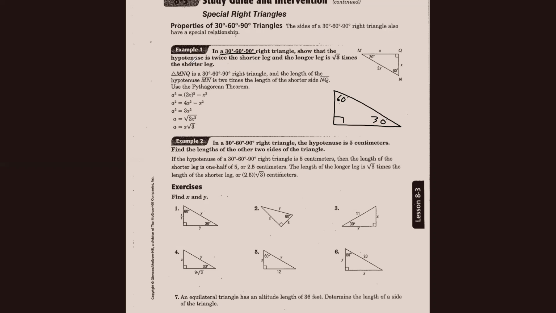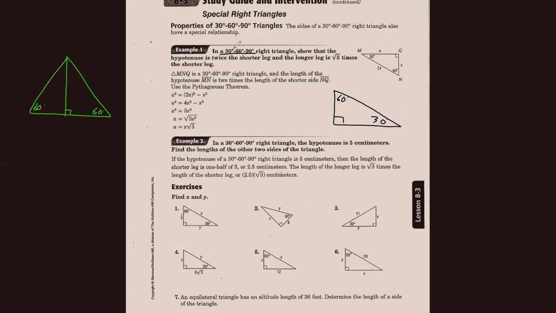Now, the pattern here is easiest explained if, instead of a 30-60-90, I start off with an equilateral triangle. In an equilateral triangle, every single one of my angles is 60, including that top angle. I'm going to draw the height to it.